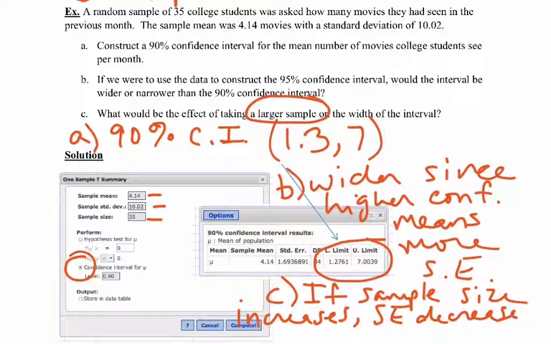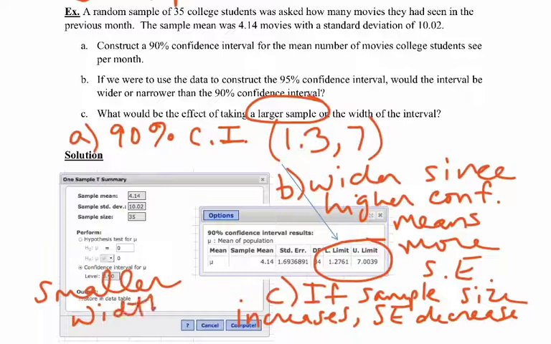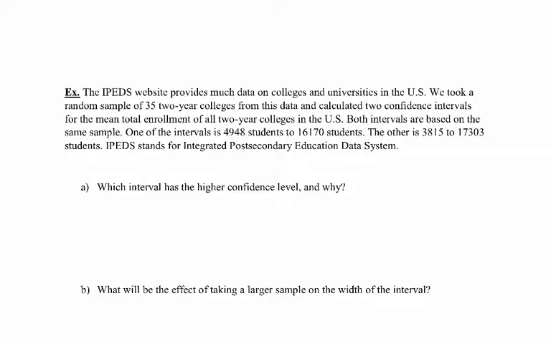So if your standard error decreases, that means you have a lower margin of error, and so that means you will have a smaller width for your interval. So larger sample sizes will create a smaller width, assuming everything else stays the same.